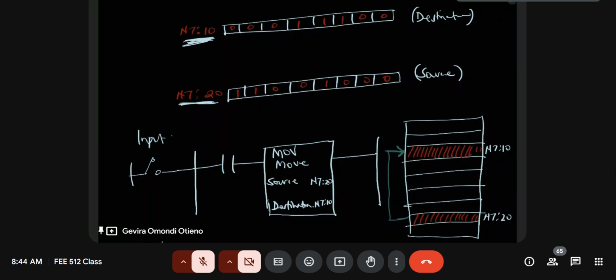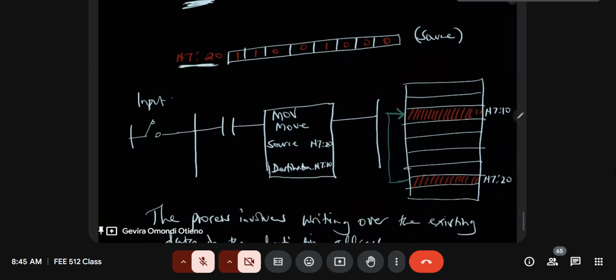Now, this is where I said students make mistakes. When we perform a move operation, it does not mean that now that I have moved the contents of N720 to N710, nothing exists in N720. We retain the information that was in N720.